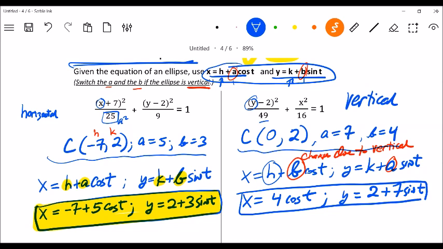So we have x equals 4 cosine t and y equals 2 plus 7 sine t. So that's an ellipse one, and we used these equations here for it, a little different from the circle equation.